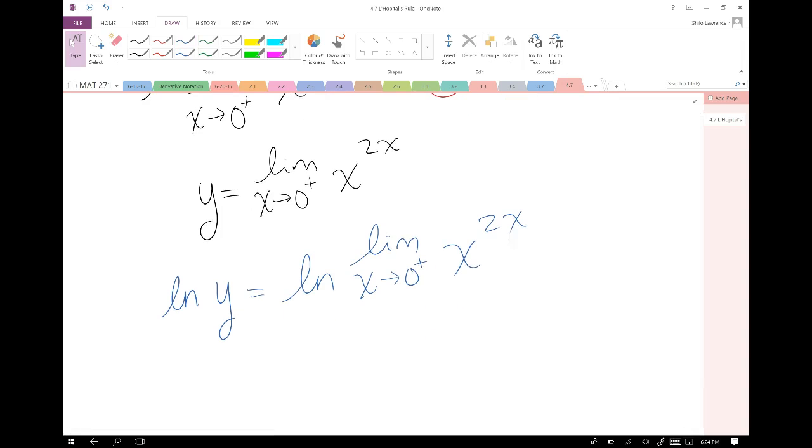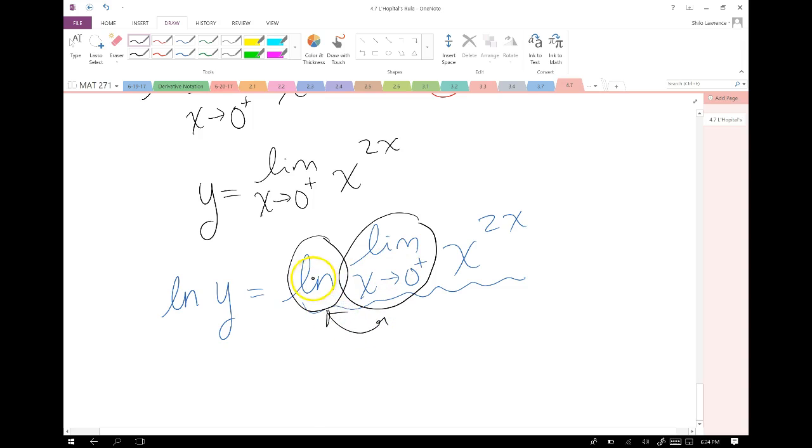Now, there's some interesting stuff that can happen on this side. Technically, the log and the limit are interchangeable. Since this log is just an operation and it doesn't have an x in it, it can be inside or outside. And I would prefer for it to be inside.